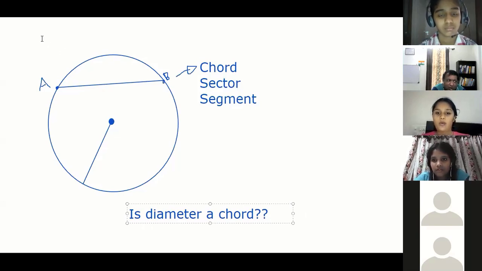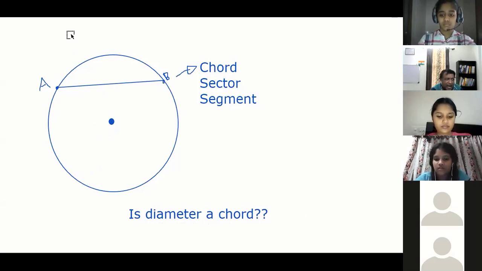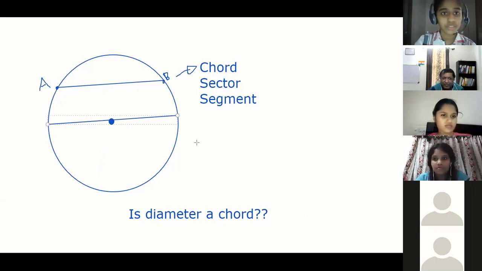It's the longest chord. If we make this line, can anybody draw inside the circle any bigger line than this? No, sir. So this is the longest chord, right? A chord cannot be longer than the diameter. Always smaller only, right? So chord is clear.